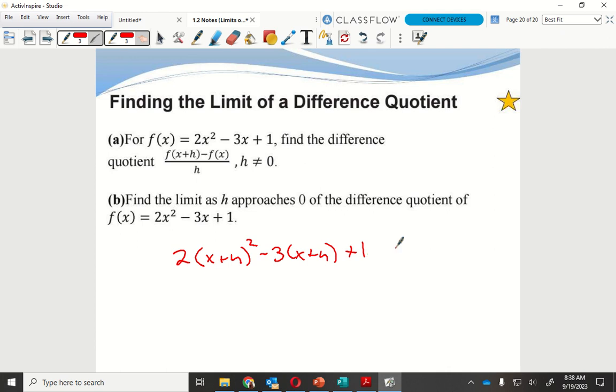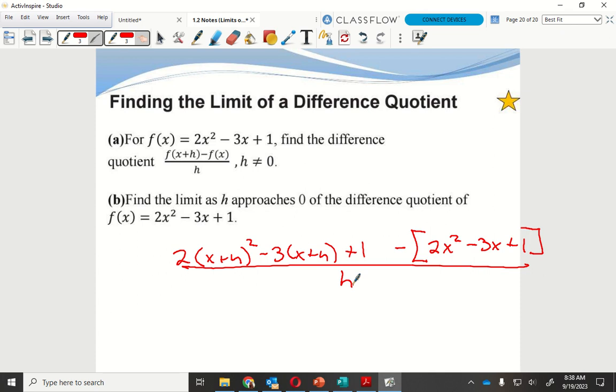And it's going to be minus f of x, which is in a bracket or parentheses right here, either way, 2x squared minus 3x plus 1. All this is going to be over my h.